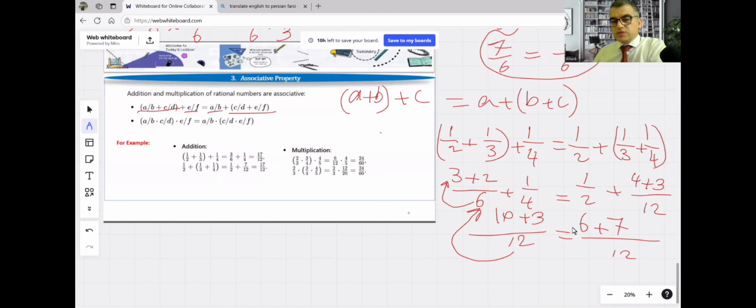So 10 plus 3 is 13 by 12, and on the right side, 6 plus 7 is also 13 by 12. See, the result is same.